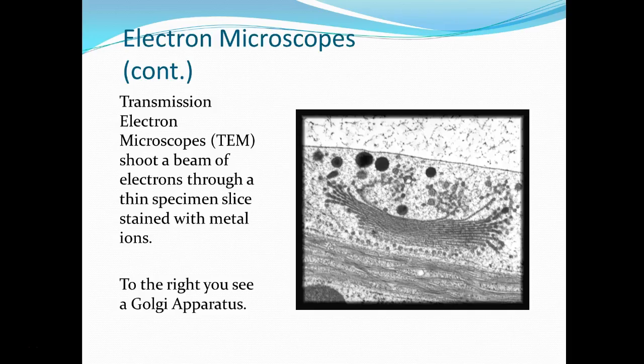One of those that you should know for test purposes is what's called a transmission electron microscope, or TEM for short. They're actually going to shoot a beam of electrons right through a thin slice of the specimen, and they have to stain the specimen with metal ions in order to do that.